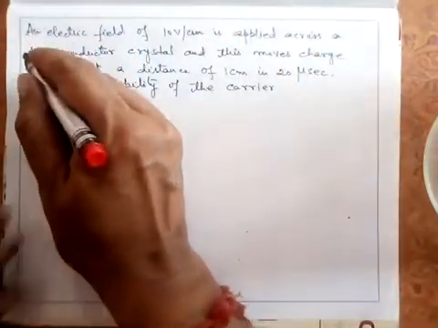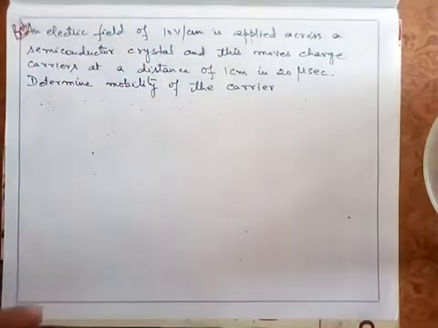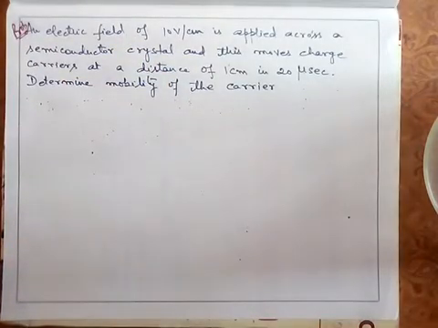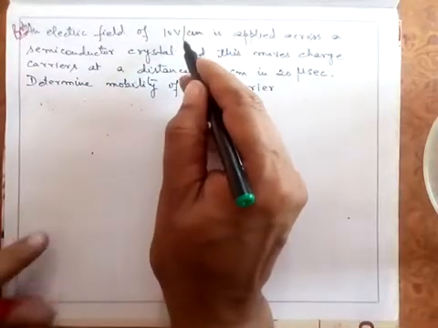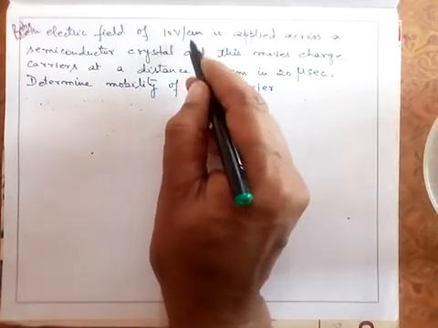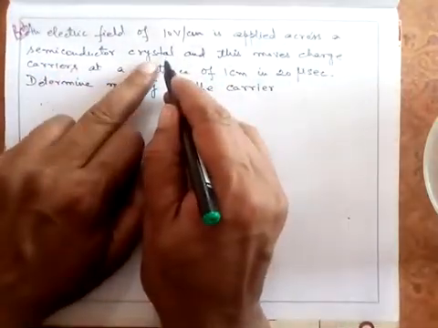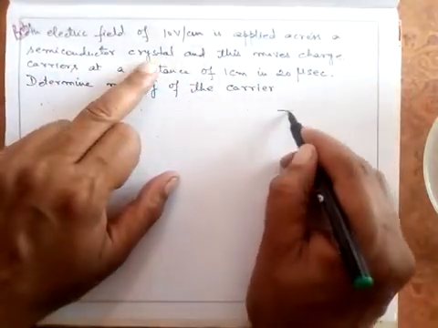Next problem. Another problem says that an electric field of 10 volt per centimeter is applied across a semiconductor crystal. See what it says, just try to understand.